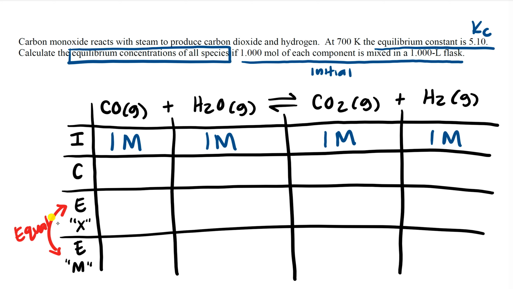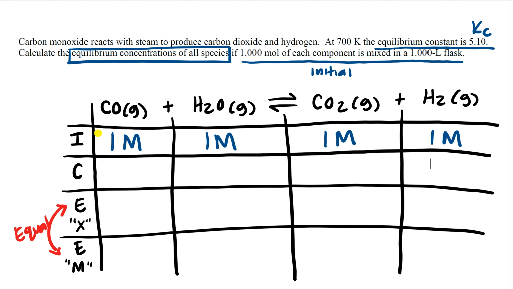Next step, let's do the change. Well, I don't know which direction this is going to proceed based off of those initial values right now, just by looking at them. Because I don't have anything that's initially 0, it makes it a little bit harder to determine which way the reaction is going to proceed.